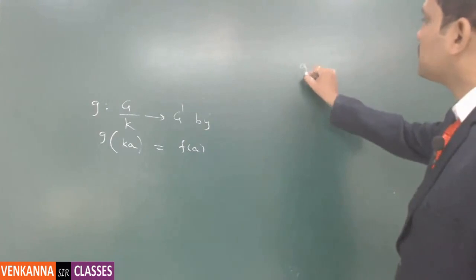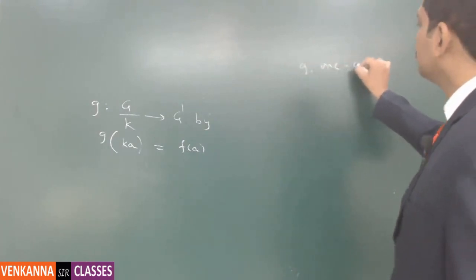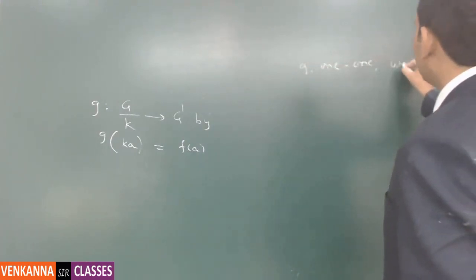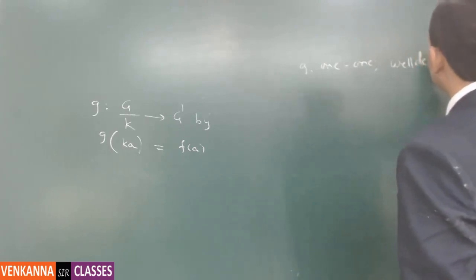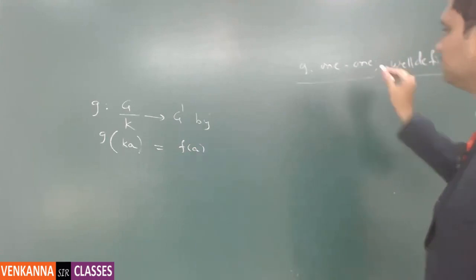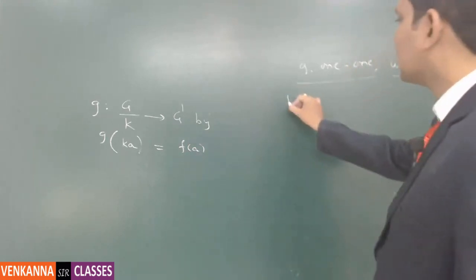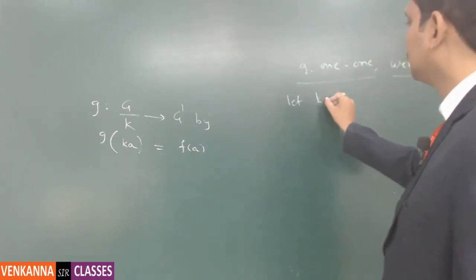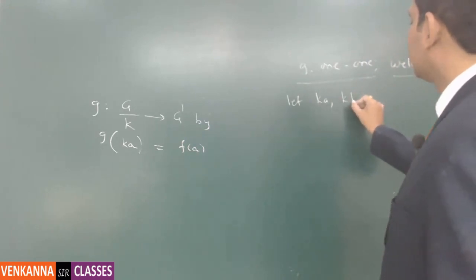Right? Now we prove that this function is 1-1, onto and a homomorphism. First, the function is 1-1 and also well defined. Well defined is nothing but that we can define the function this way. So let us take two cosets, Ka and Kb, and suppose g of Ka equals g of Kb.